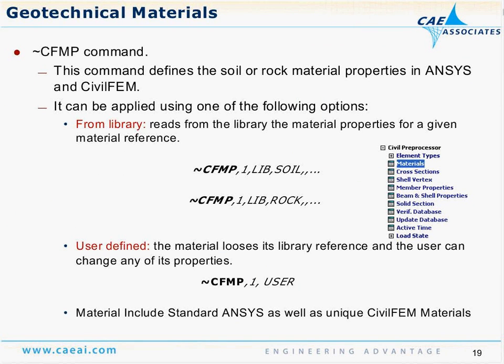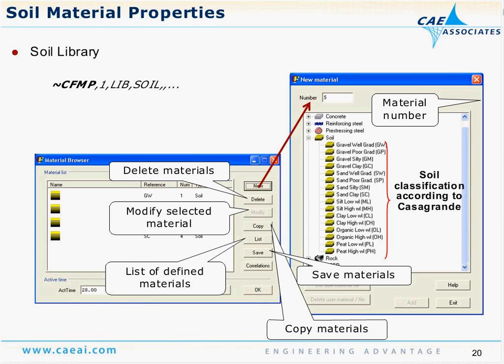So if we start with the geotechnical material libraries, the material libraries fall into two areas for the geotechnical area: for soils and for rock. If we look at the selection process, these are just some snapshots from the GUI.